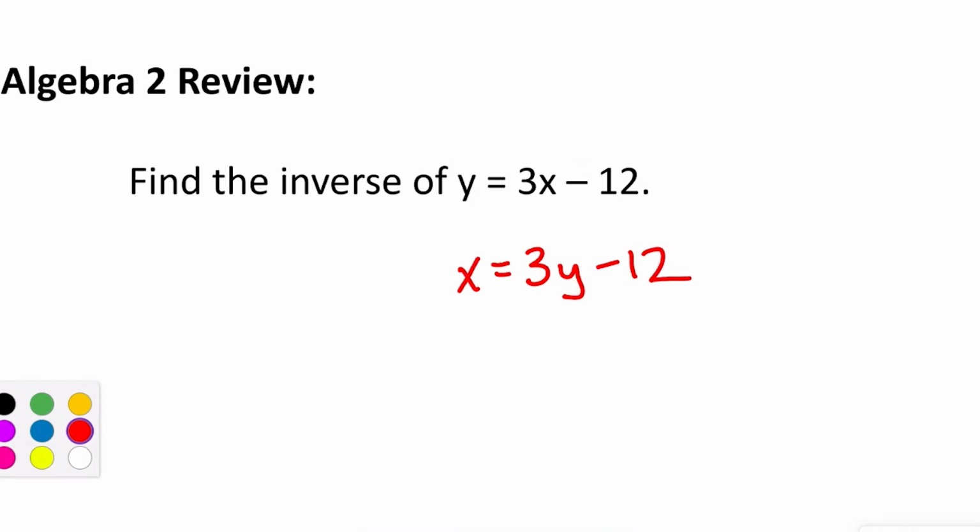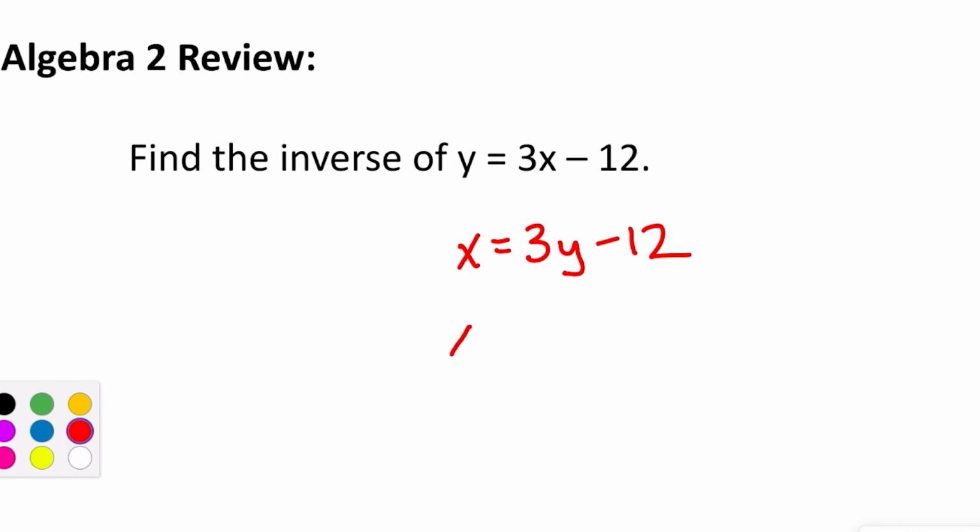What we're essentially doing is just swapping x and y. Then to come up with an explicitly defined equation for y, we need to solve for it. So we would add 12 to both sides, right? And then we divide both sides by 3. And so we get this equation y equals x plus 12 over 3.